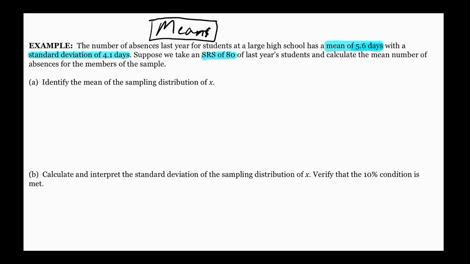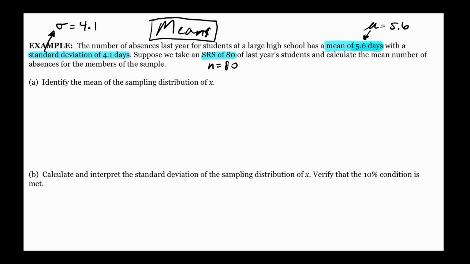The standard deviation goes with that mean, so that's the population standard deviation. SRS of 80. There's our number, 80 in the sample. And that's all the information they give us, right?